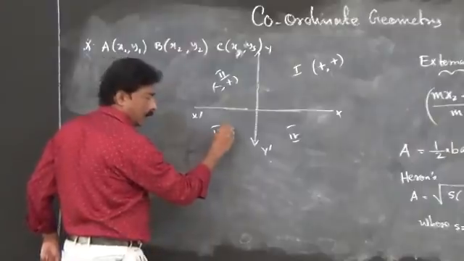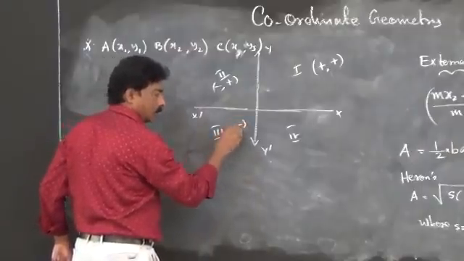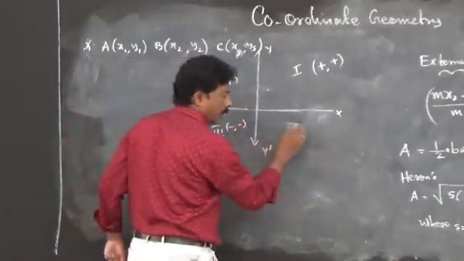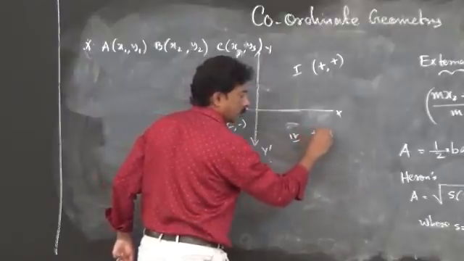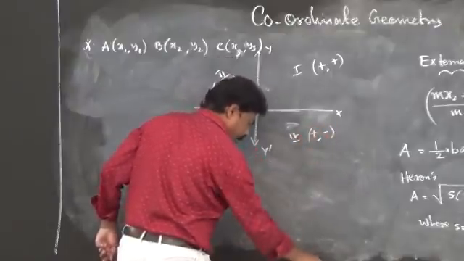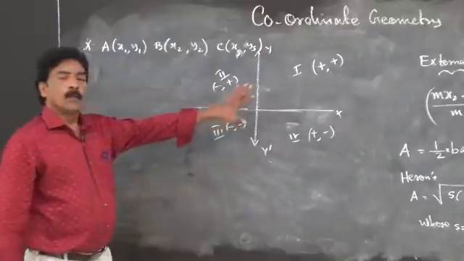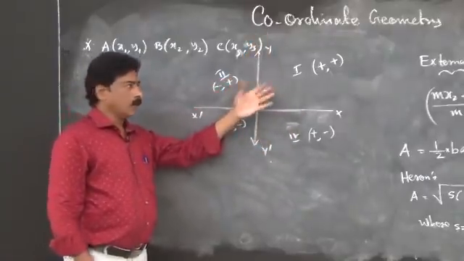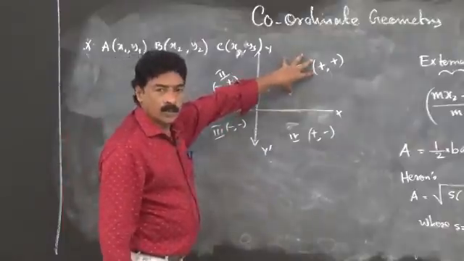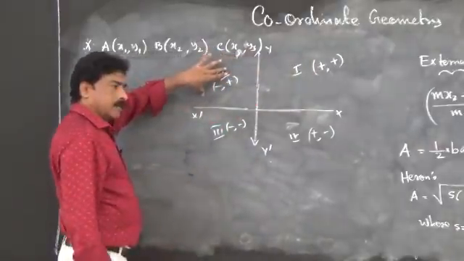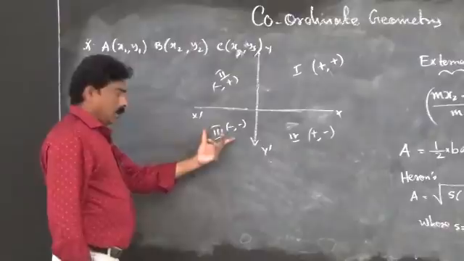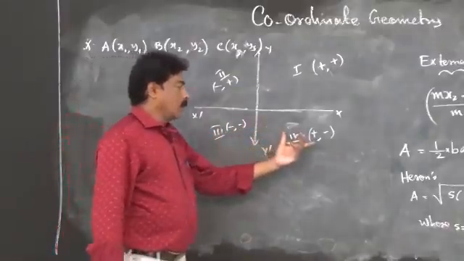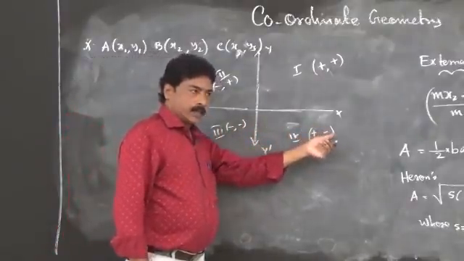In the third quadrant, x is negative, y also is negative. In the fourth quadrant, x is positive, y is negative. So whatever the points are given, first plot the points. You no need to draw the big graph, just a rough diagram.